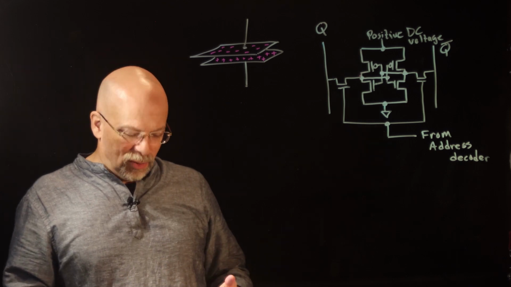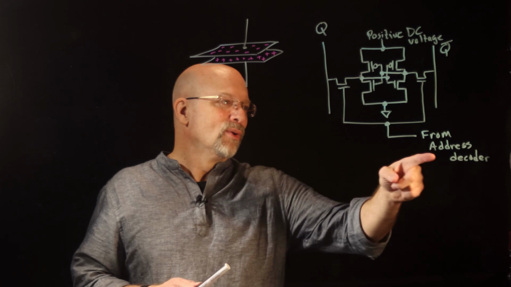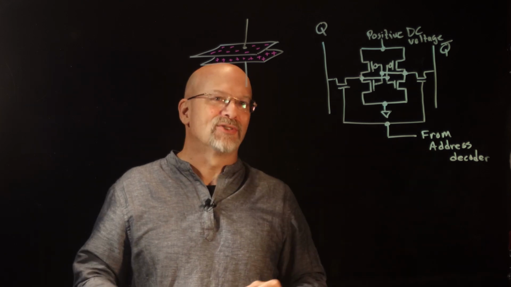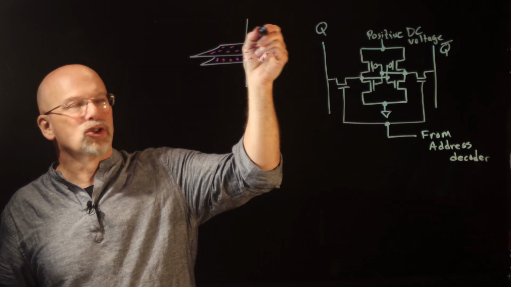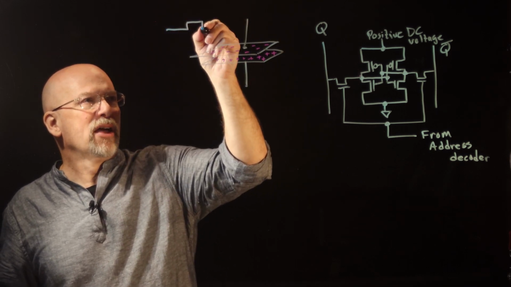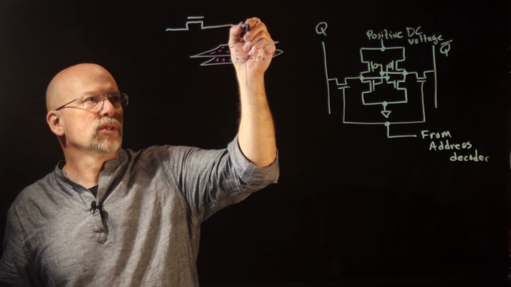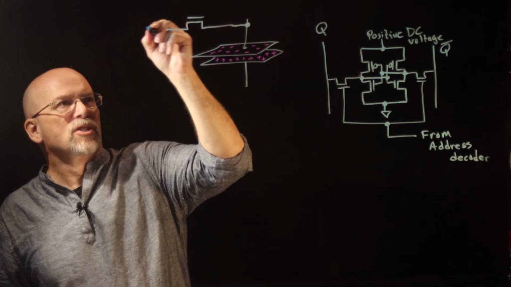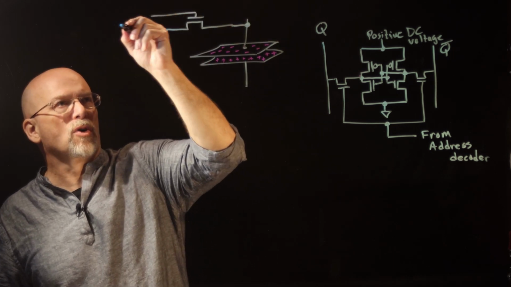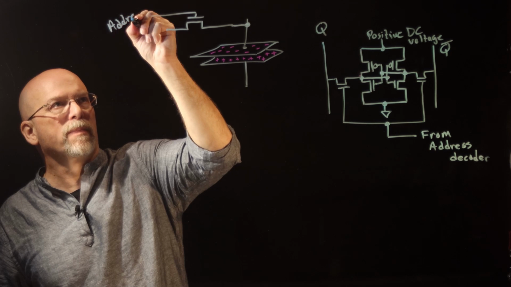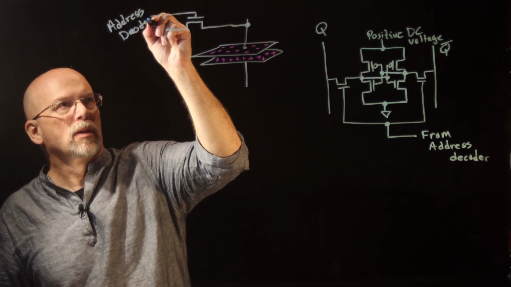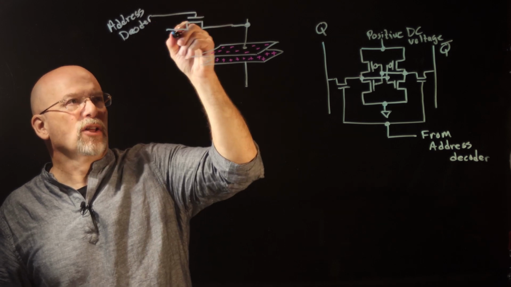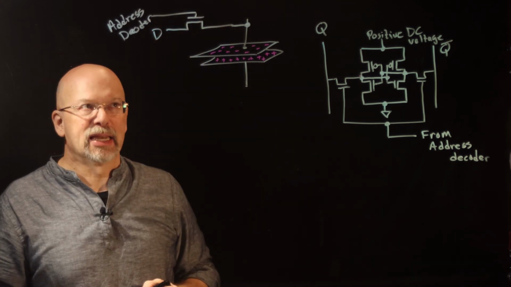How do you actually do this? Well, you once again take the address decoder, and so what you're really looking at is you've stored this value on here, and then you simply connect this to a switch controlled by the address decoder. If I close that switch, then I can get my data.